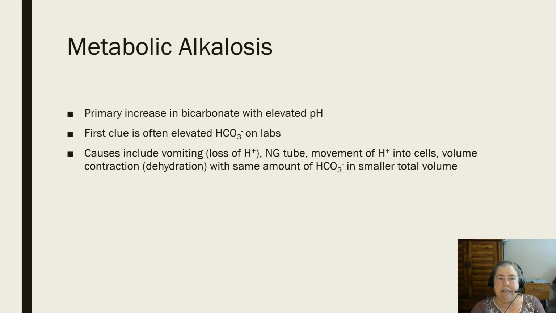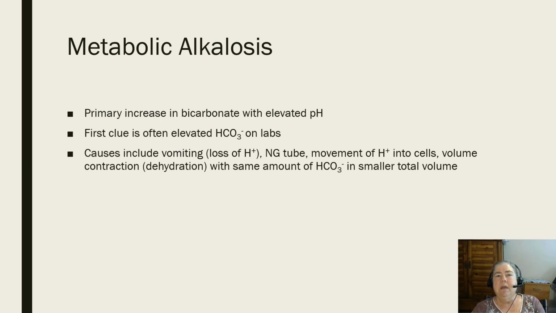Metabolic alkalosis is often first suspected when routine labs show an elevated bicarb. And so it's an increase in bicarb with an elevated pH. And the causes include loss of hydrogen ions from either vomiting or from an NG tube.